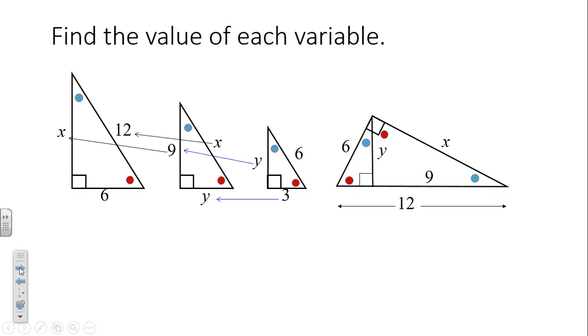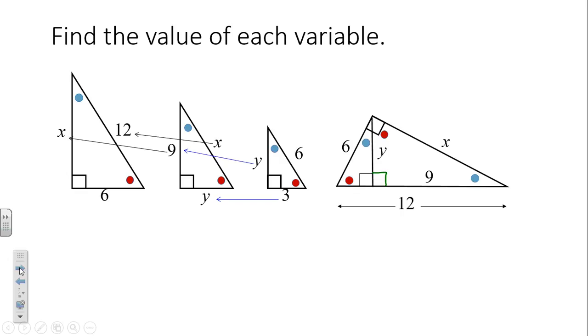All right, so medium triangle, if we twist this guy, and remember, this is your right angle here, we have to flip it, don't we? Kind of grab it and turn it so that the 90-degree angle's down here. The shorter leg is the y, the longer leg is the 9, and the hypotenuse is the x.